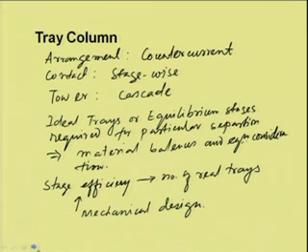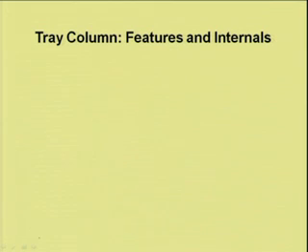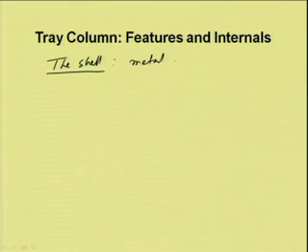So, let us see the different parts of the column which we have discussed, and what their features are. The first thing is the shell. It is generally made of metal or plastic materials.